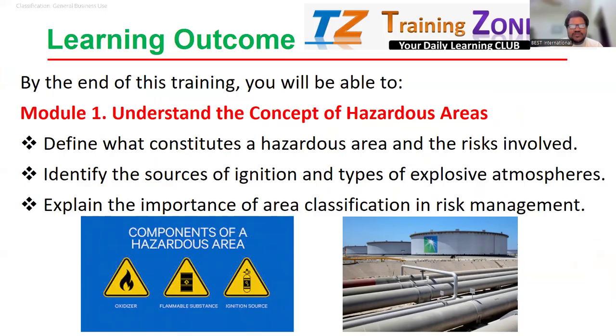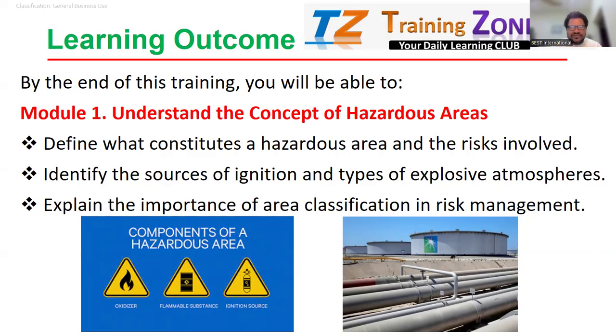By the end of this learning, surely you have to be capable of understanding the concept of hazardous areas. And most importantly, how we are going to define what constitutes a hazardous area and the risk involved. What kind of risk could be there in a hazardous area, and how do we define and identify, nominate, declare, and make it a restricted area, a hazardous area in other words, based on what technical concepts.